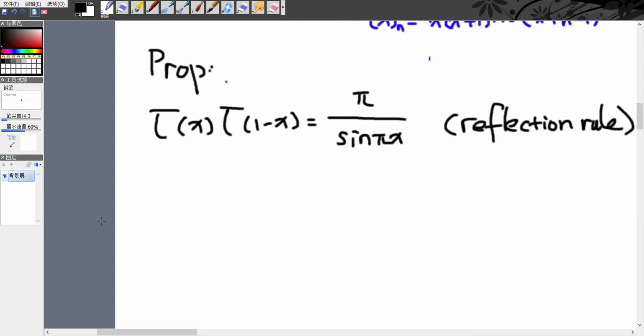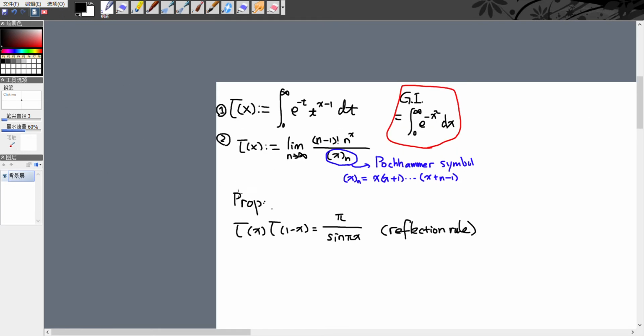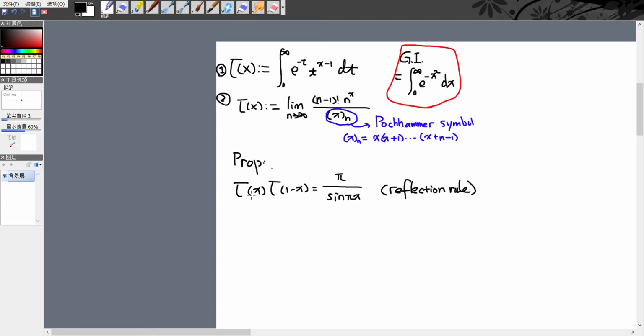The first thing we need to do is write our left hand side, gamma x times gamma 1 minus x, which equals the limit as n towards infinity of, for the gamma x term, (n minus 1) factorial times n to the x over, and we'll write the Pochhammer symbol explicitly, x times (x plus 1) all the way to (x plus n minus 1).